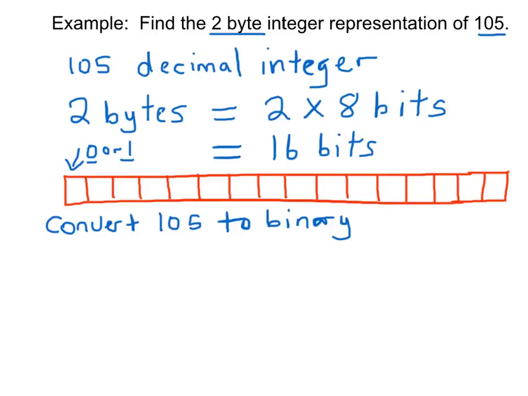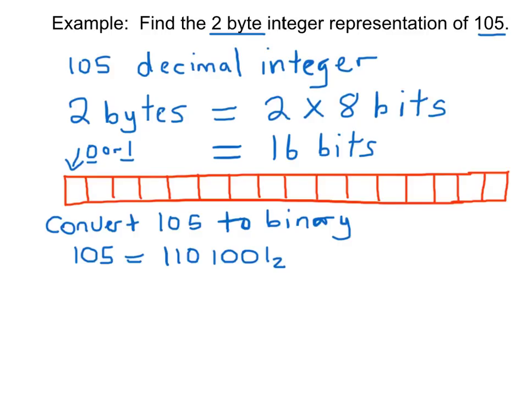There is a video on this, converting decimal to binary. The answer turns out to be that 105 is equal to 1101001 in binary. So try this yourself and make sure that you can do that conversion.